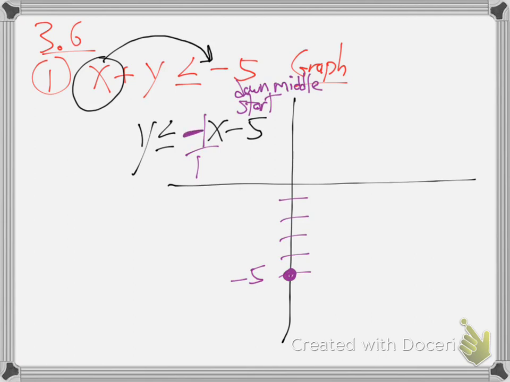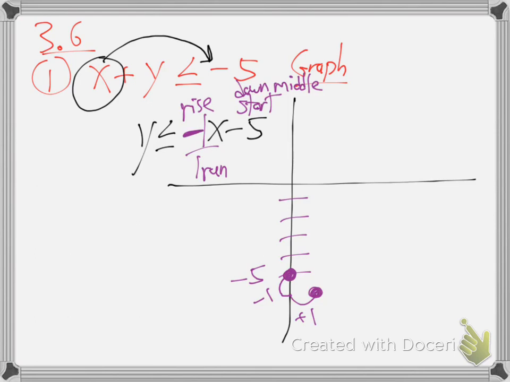So that's rise over run, isn't it? So that means we go down 1, over 1 for the second dot.